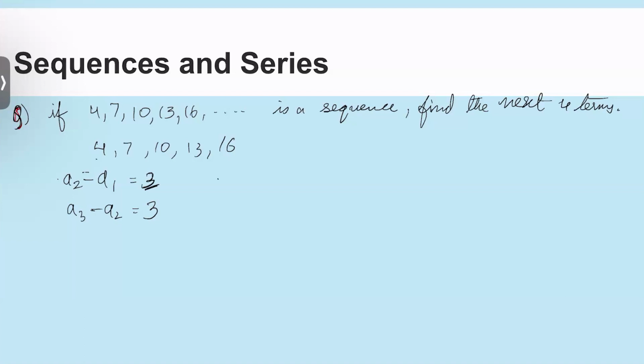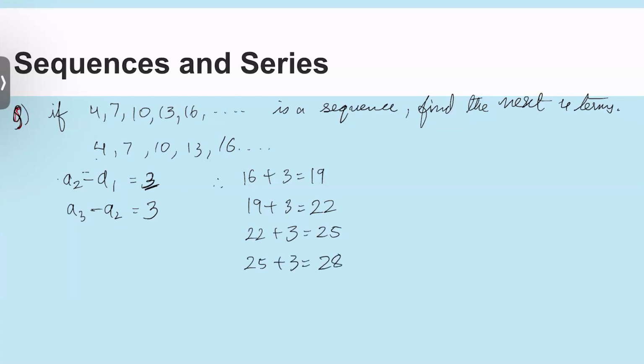Therefore, if 16 is the last term given, and we are supposed to find the next 4 terms, you can add 16 plus 3. You'll get 19. Then 19 plus 3 would be 22. 22 plus 3 would be 25. And 25 plus 3 is 28.